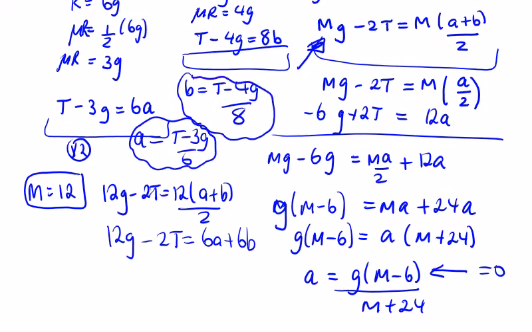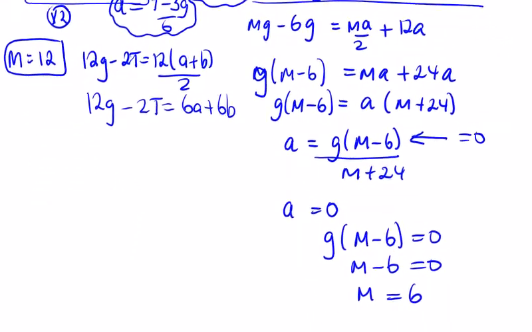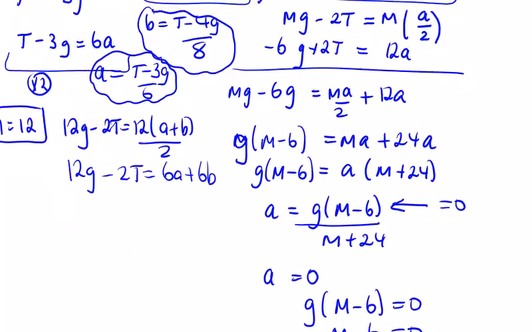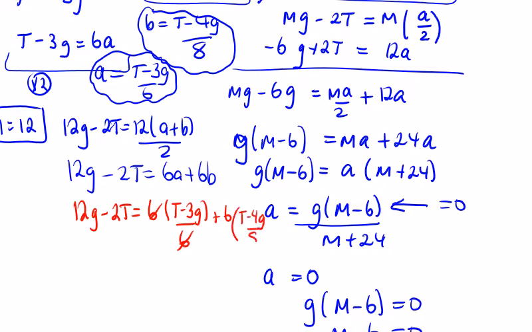And I'll just change colors because it's getting a bit bluey. Okay, so we have 12g minus 2t is equal to 6 times t minus 3g over 6. So cancellations, and plus 6b, 6 times t minus 4g over 8.